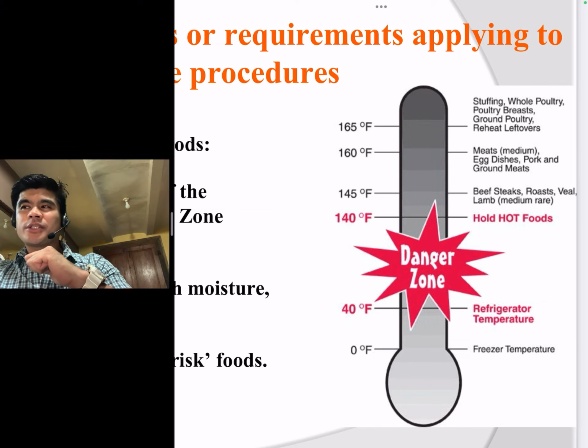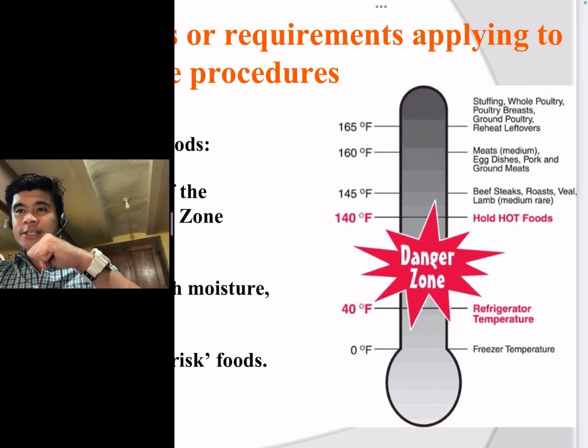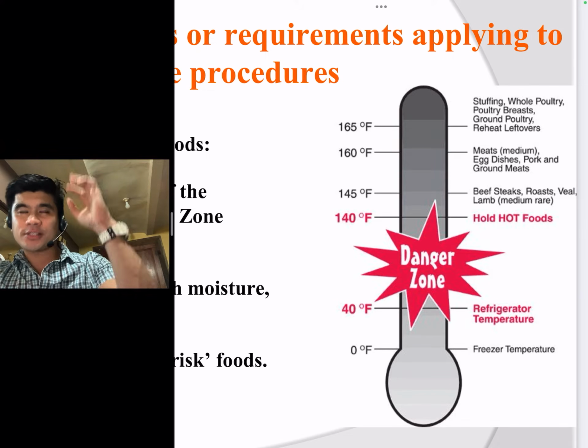If you're serving chicken, or it's under the poultry category, you check that the temperature is 165. Oh, 165 based on the scale, I am good to go. I can serve this. So you serve it.